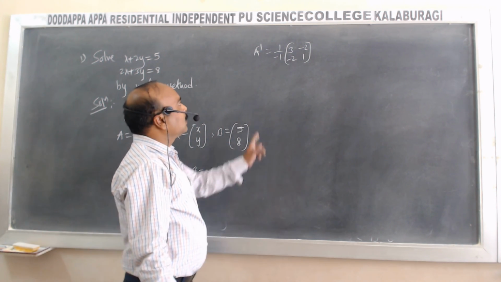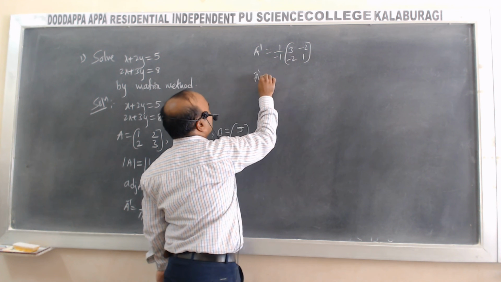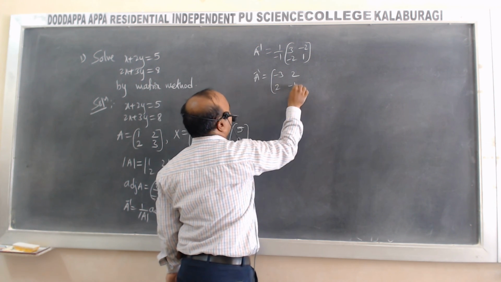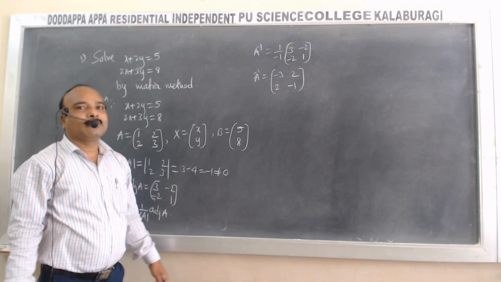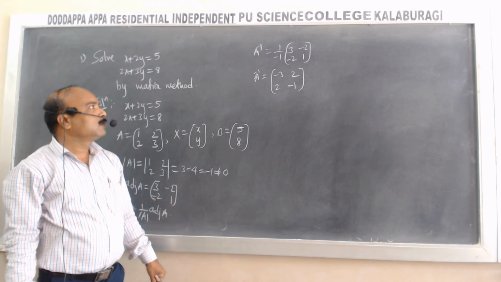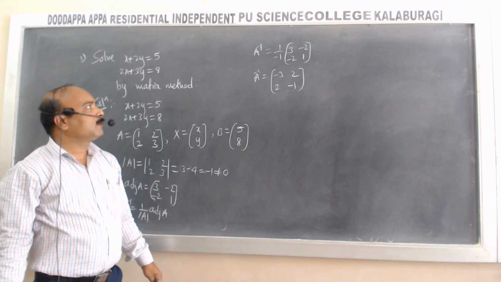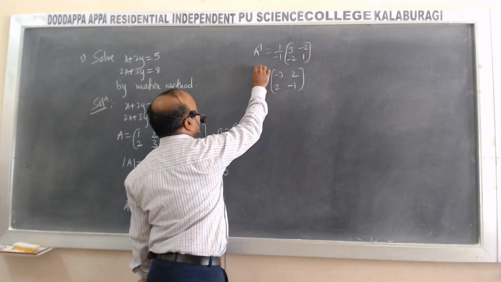Now every element is multiplied by minus 1, and we get A inverse equal to minus 3, 2, 2, minus 1, because outside is 1 by minus 1, which is minus 1 into that matrix, that is scalar multiplication. We multiply every element by minus 1, then we get the inverse of the matrix, A inverse.